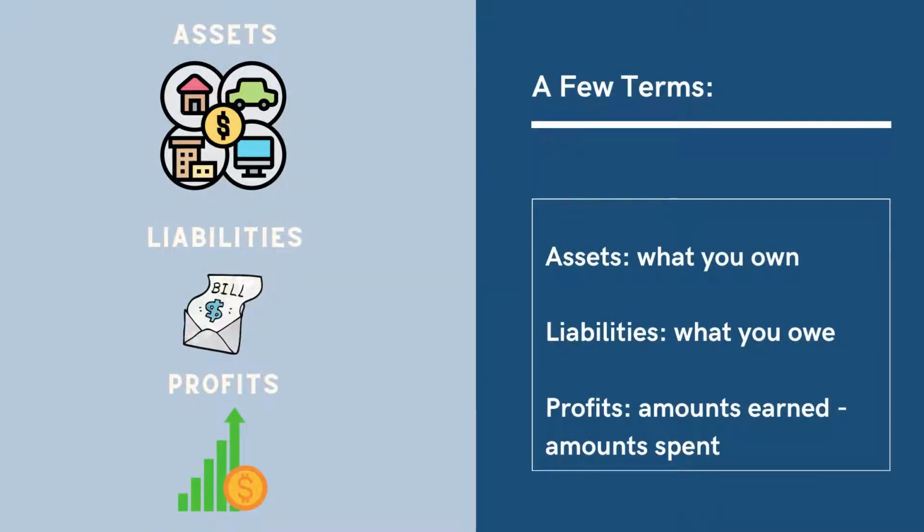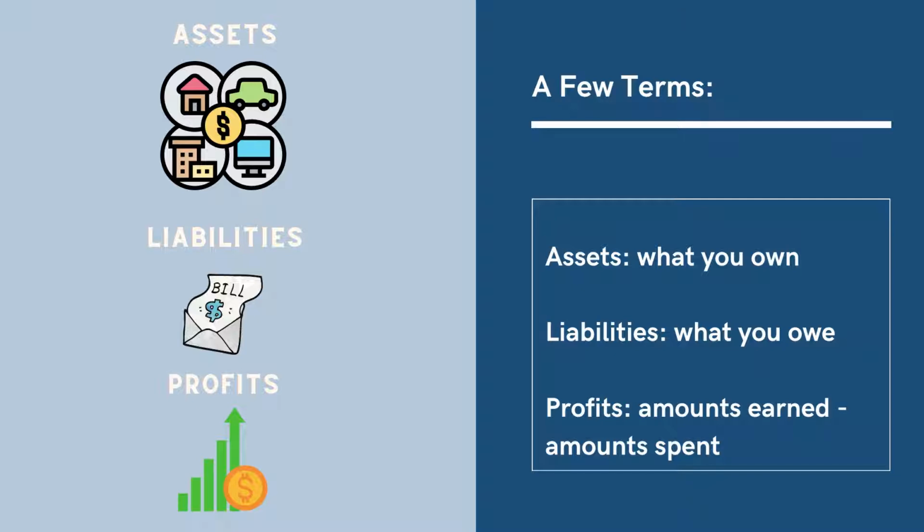Here are a few terms that will come up as we go along. The first term is assets. Assets are resources your business owns. Assets can include things like business income, cash, inventory, land, vehicles, furniture, patents, etc. Liabilities are the resources you owe to another entity based on past transactions or events.